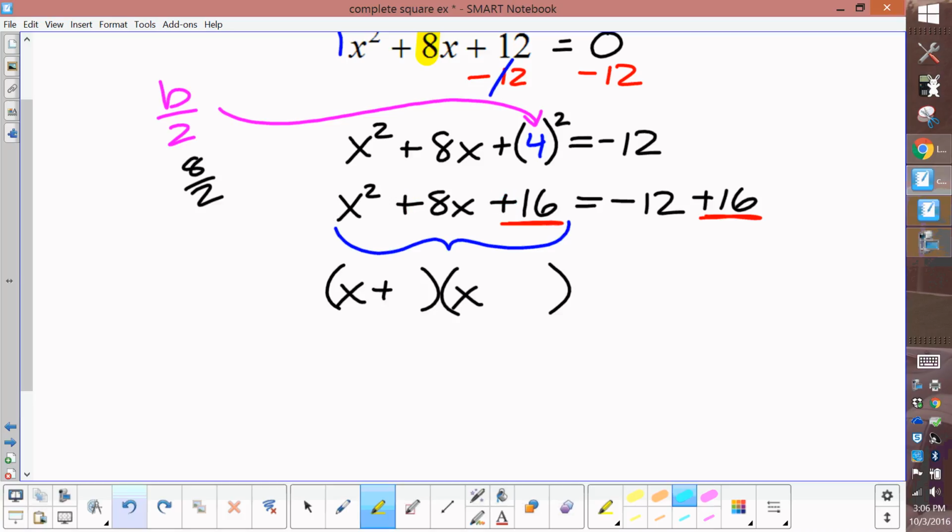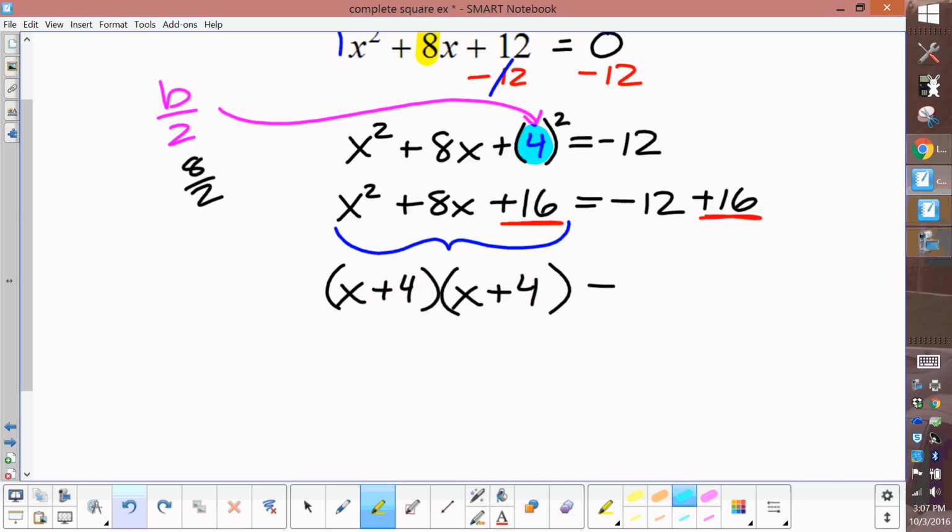So plus, plus. And the two numbers that multiply to 16 and add to 8 are 4 and 4. Now, if you're having trouble with your factoring, you can always look up here, because whatever goes in this spot here, the b divided by 2, you'll notice this happens to be the same numbers that factor out here as well.